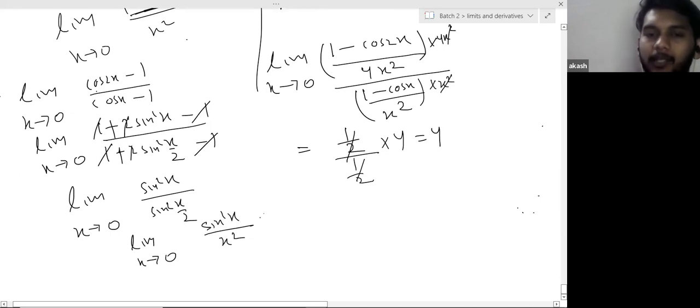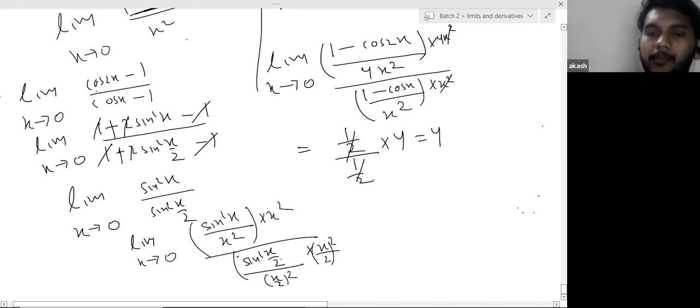But if I divide by x square, I need to multiply by x square also. In the denominator, we have sine square x by 2. So I need to divide by x by 2 whole square. Then I have to multiply it by x by 2 whole square also. So this becomes 1, this becomes 1, x square and x square is cancelled. This 2 square will be going upwards, the answer will be 4.